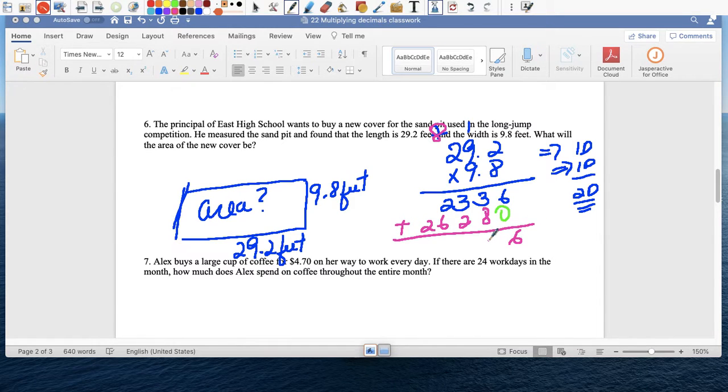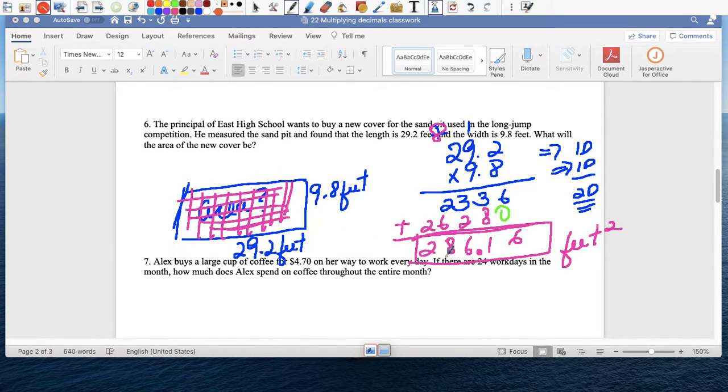Add. We want 2 decimal places, so this is the answer. So remember, we have to put a unit. So it's 286.16 feet squared. That's how many little squares are in here. So if you were to count how many squares, you would have 286 and 0.16 of the next one.